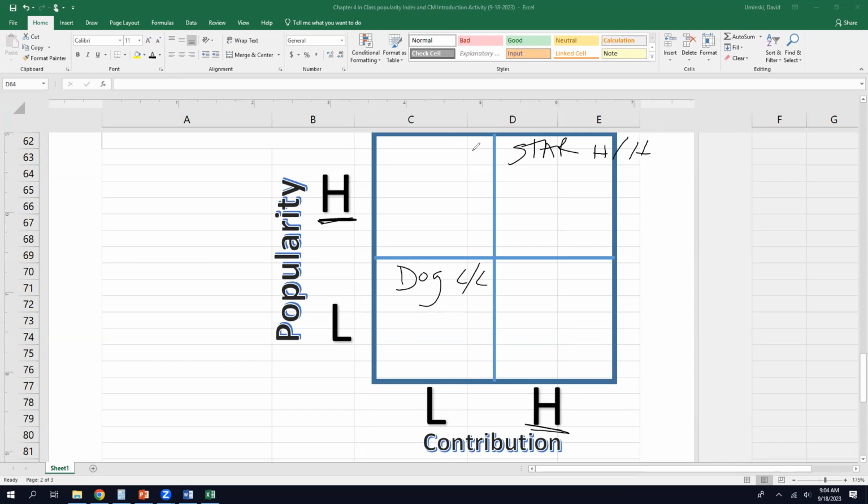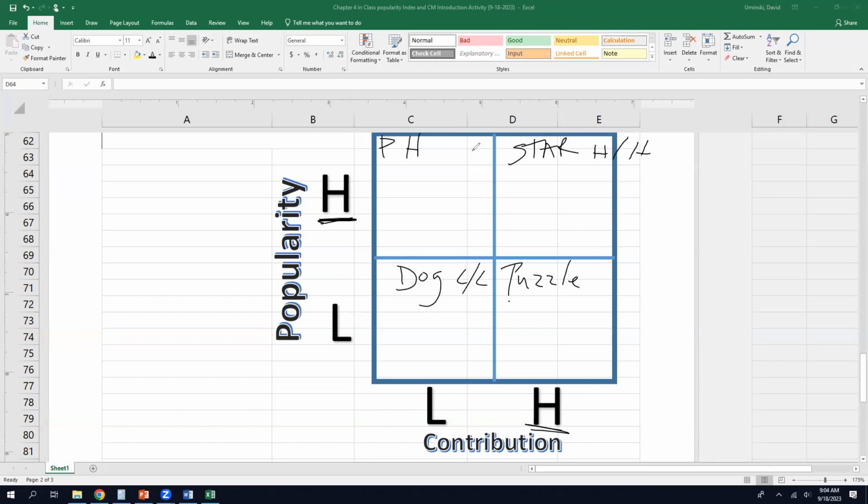Now, we have two other ones, puzzle and plow horse. And unfortunately, they both start with P. Okay, where is the puzzle located? The bottom right. And then the plow horse is up on the top.